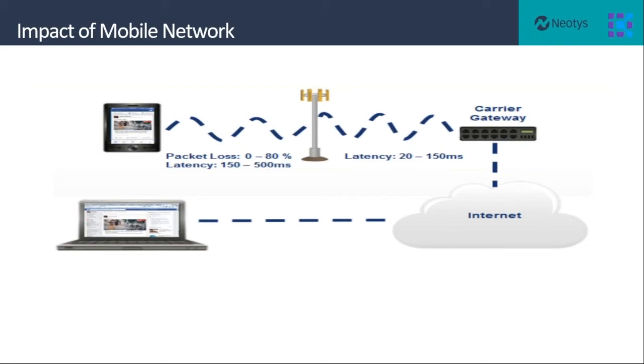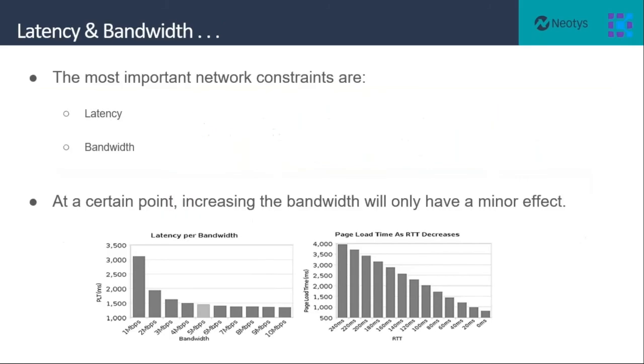So first you need to reach the closest antenna, and then maybe your carrier is renting lines from another carrier, so you have extra hops to get to your final carrier network and bring it to the internet. That shows the network has more impact compared to a normal user. There are more hops, more routes to get to the information.